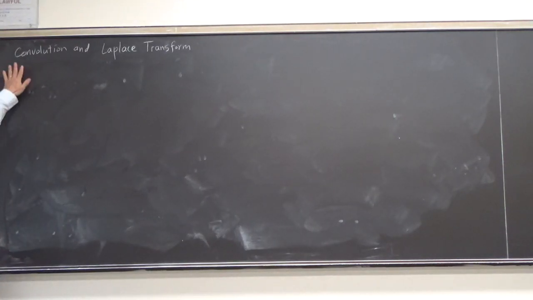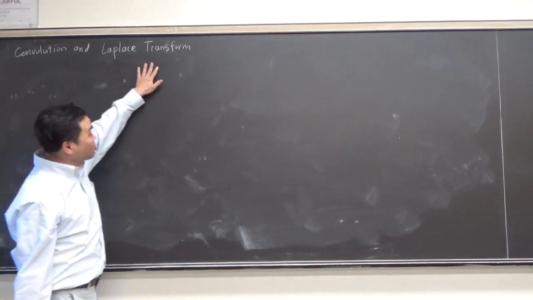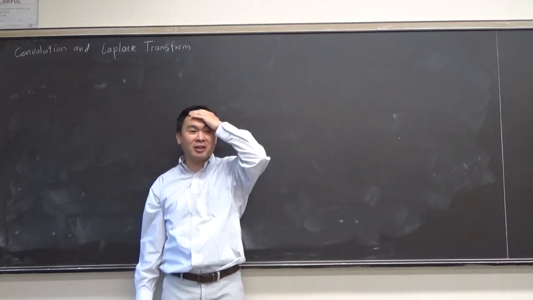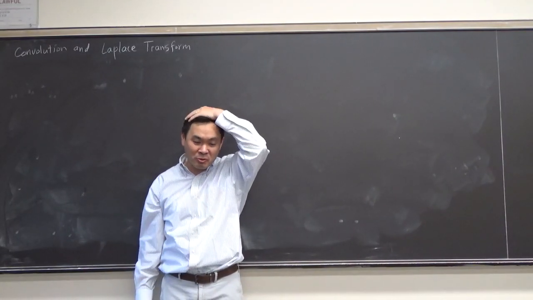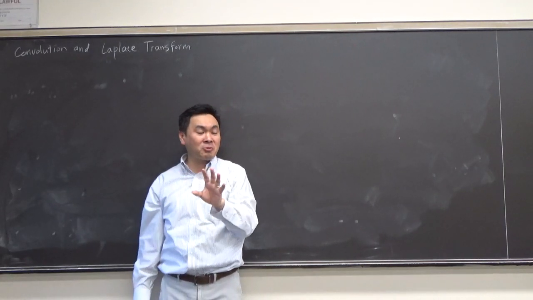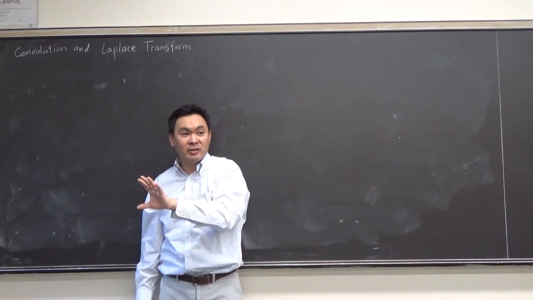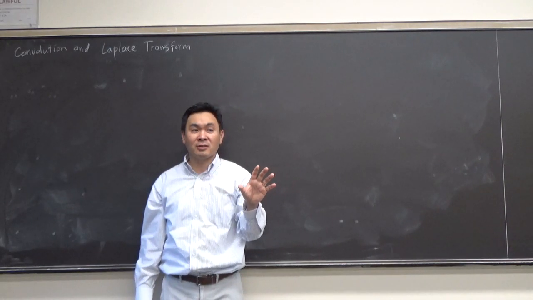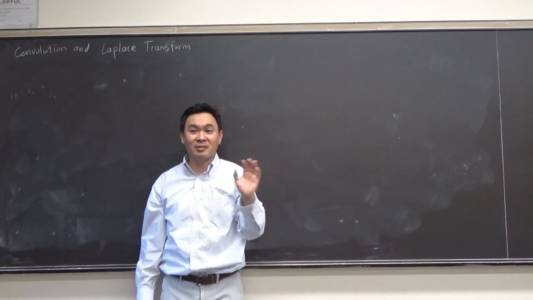So back to convolution, back to Laplace transforms, and I remember one thing that I forgot to say in my previous Laplace transform review. You may have noticed that the Laplace transform takes a function of t, and it gives you back a function of s, right?